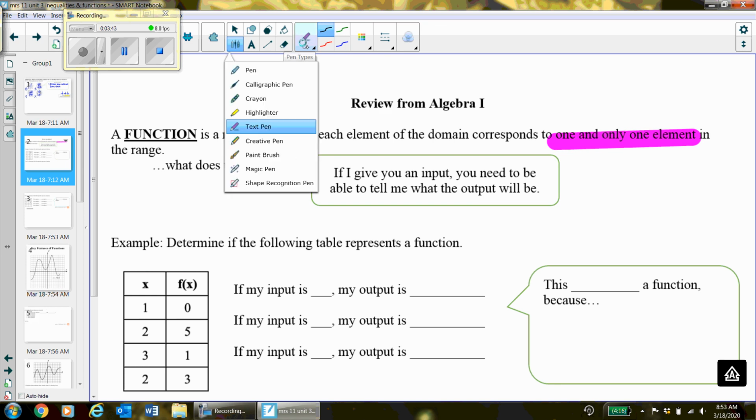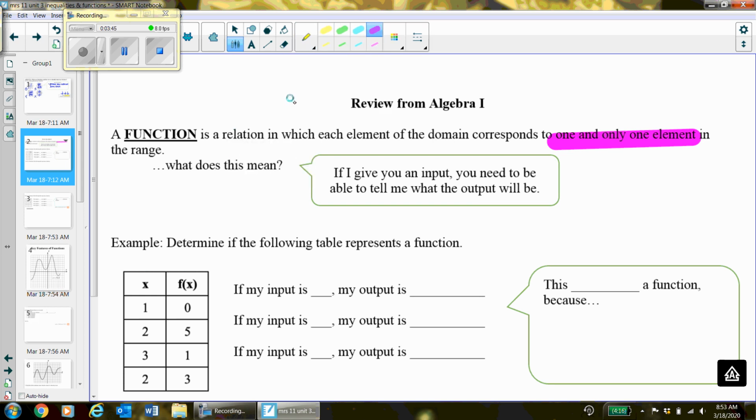So this means if I wanted to identify by looking at a table of values whether my graph is going to be a function or not, that means that my x value is only going to have one y value, right?